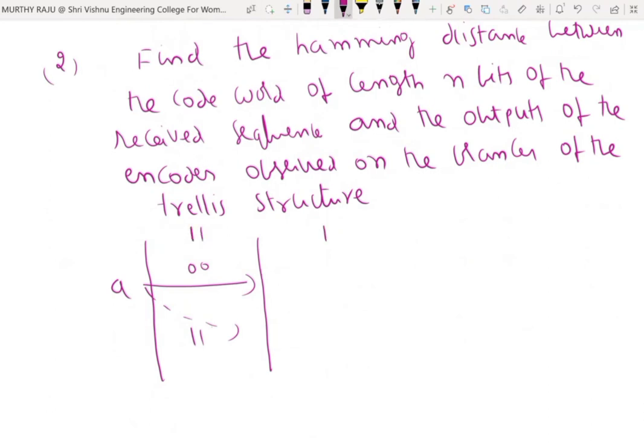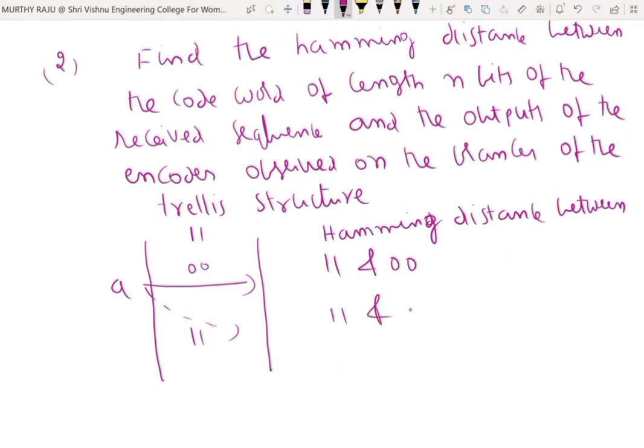Find out the Hamming distance between 1 1 and 0 0, and 1 1 and 1 1.